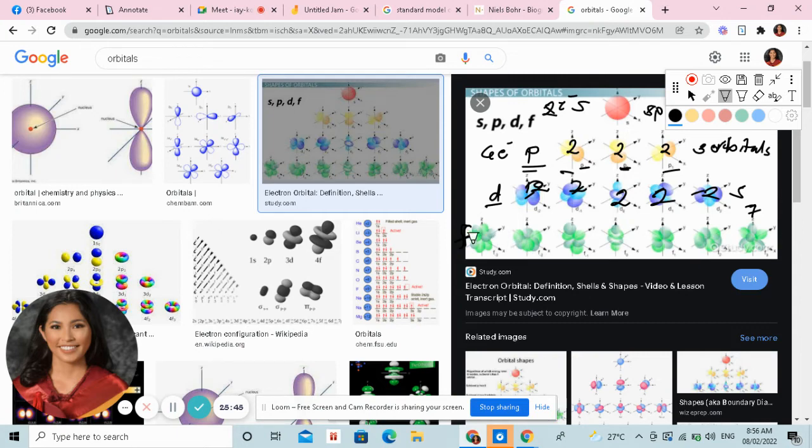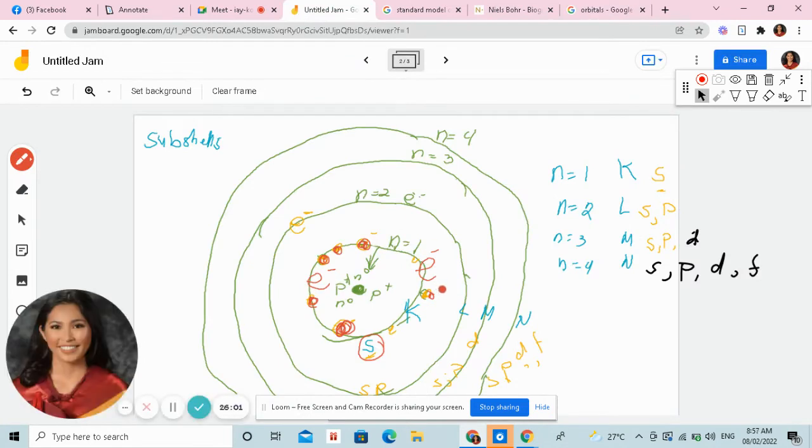What about the f orbital? 14, ma'am. So each orbital can only occupy a maximum of 2 electrons. Going back, in the L shell, how many electrons can it occupy?